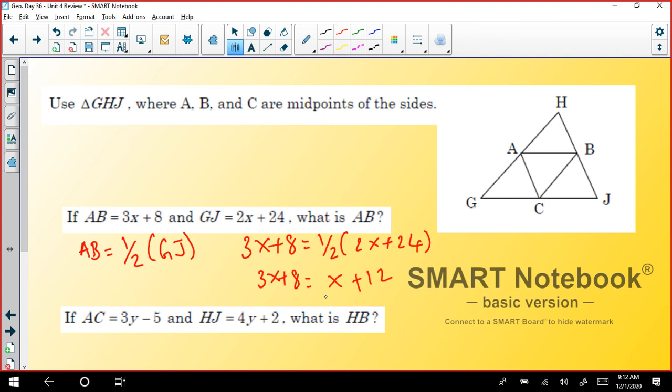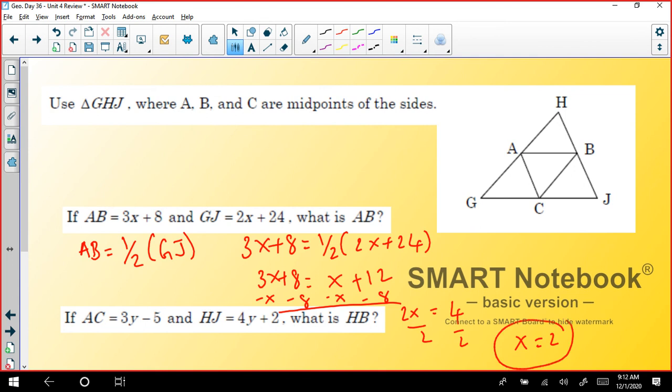Further, subtract x on both sides and subtract 8 on both sides. That will give us 3x minus x is 2x and 12 minus 8 equals 4. And dividing by 2, I get x equals 2.